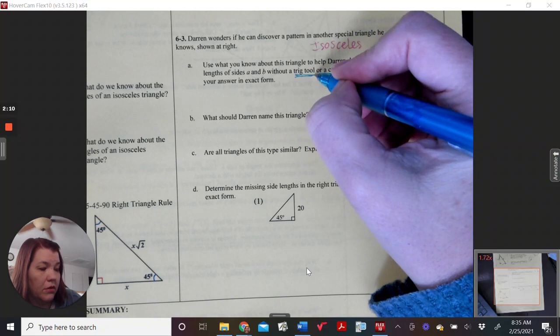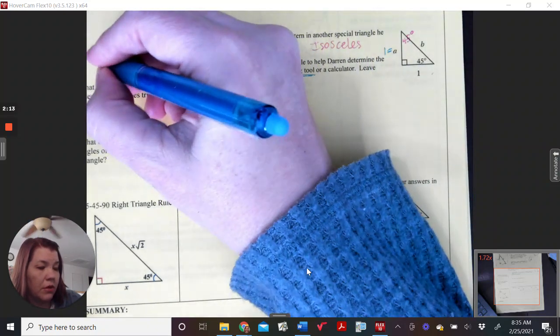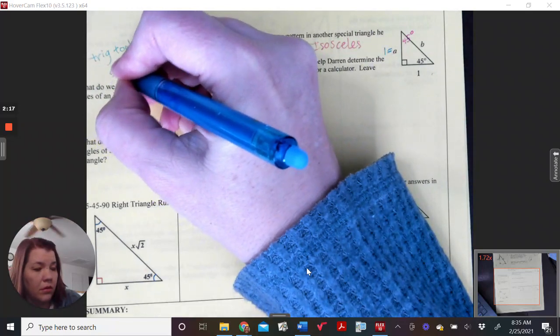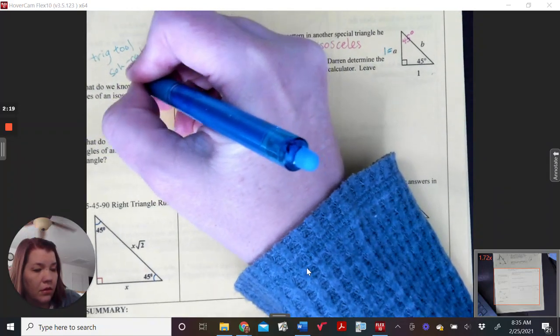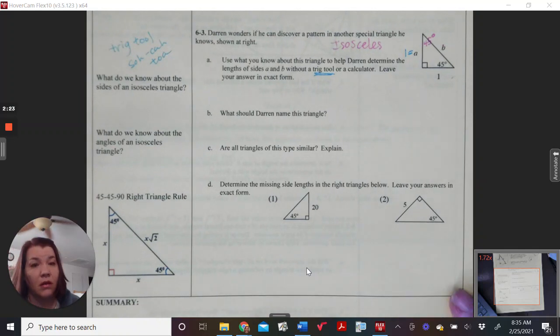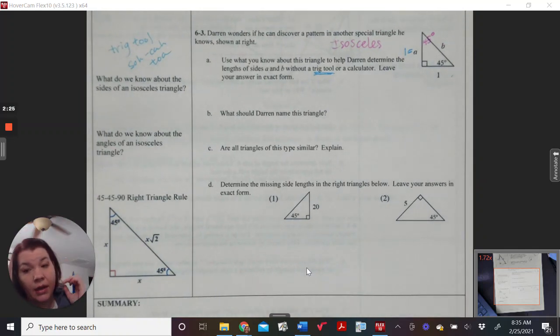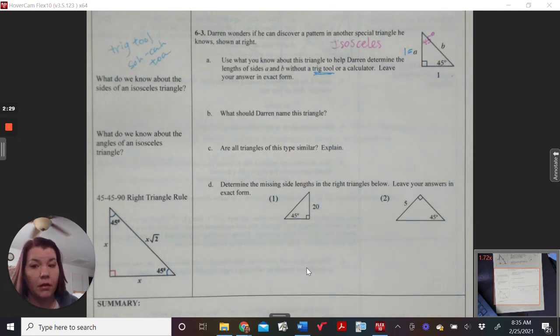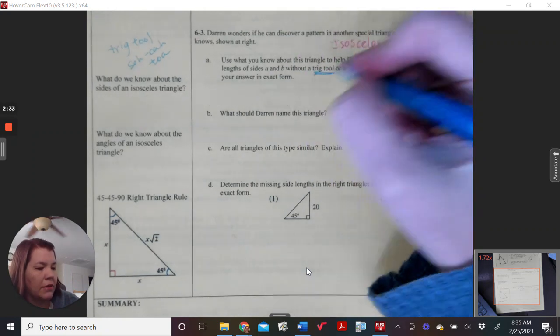So when it says trig tool, it's referring to SOHCAHTOA. So we can't use that, which is too bad. With trig tools, we can't be exact. It says to leave our answer exact. I mean, we get decimals all the time. So anyway, let's see if we can figure out B because it's Pythagorean theorem.